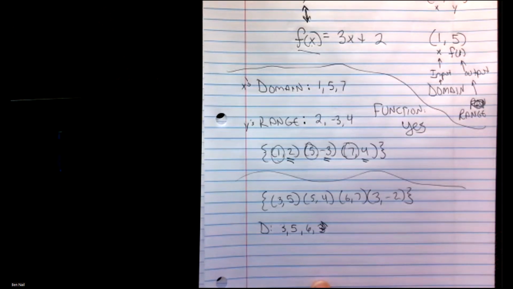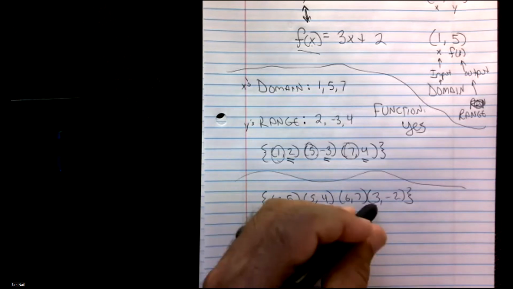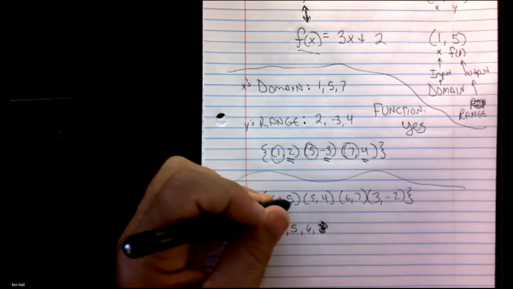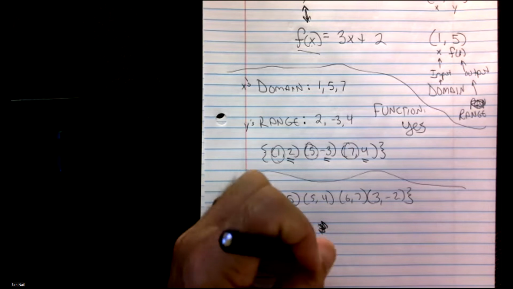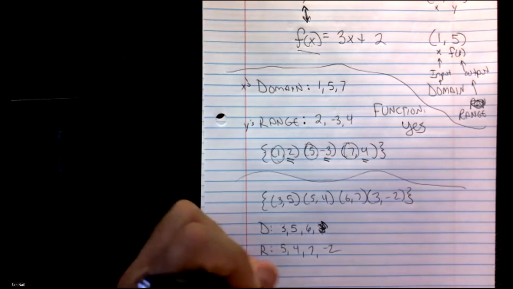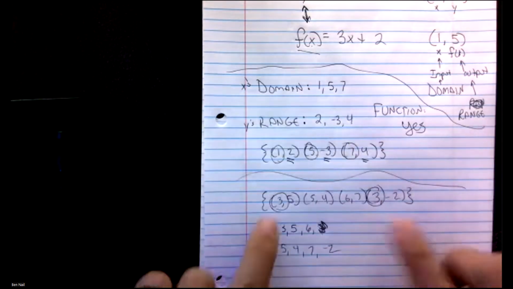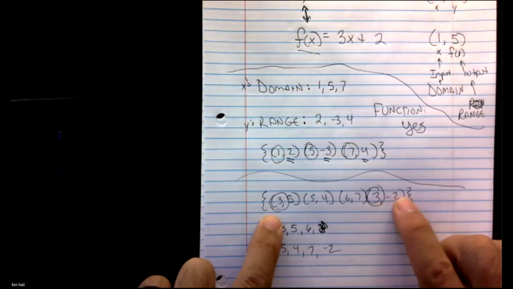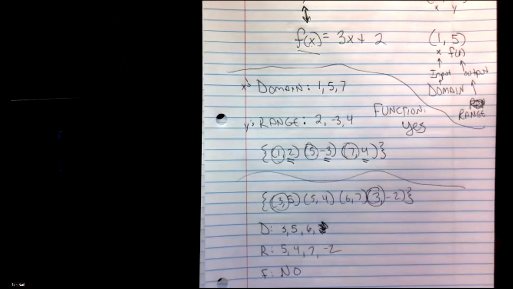So I would not write any repeats. So my domain is 3 and 5 and 6. I've already got 3 written down. My range is all of my y's, which is 5 and 4, 7, and -2. And again, whether or not this is a function is based off of your domains. And if you have domains that repeat, this 3 goes with 5, this 3 also goes with -2, then this is not a function.